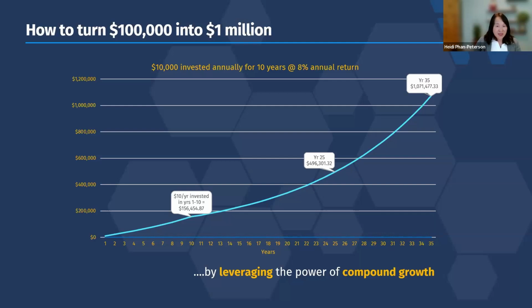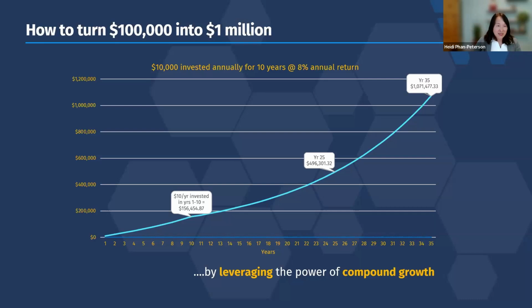If you keep that initial money invested and continue to generate an 8% annual return, in 25 years the funds that you initially invested would be worth just under $500,000. And in another 10 years, they would be worth over $1 million.